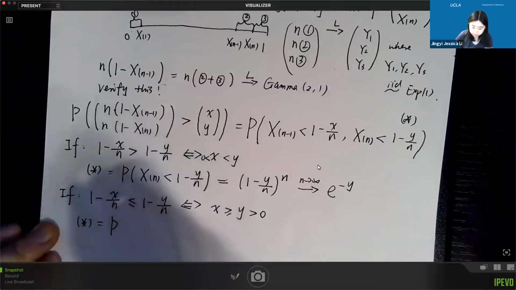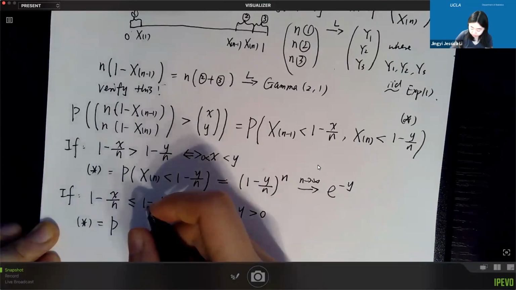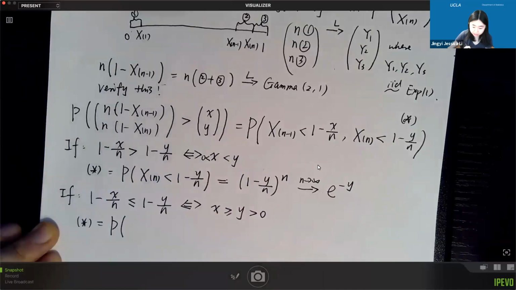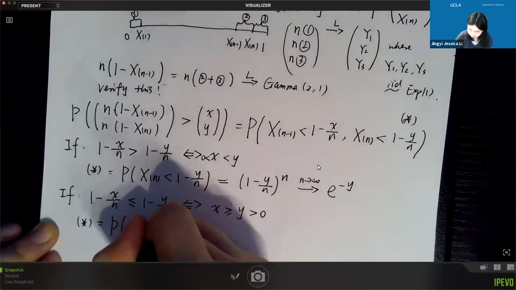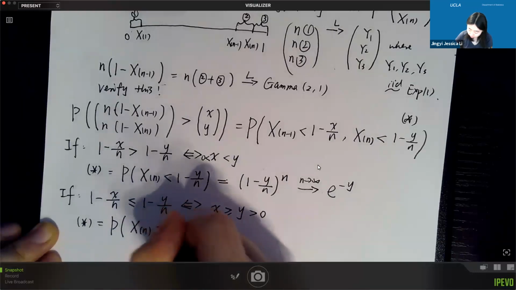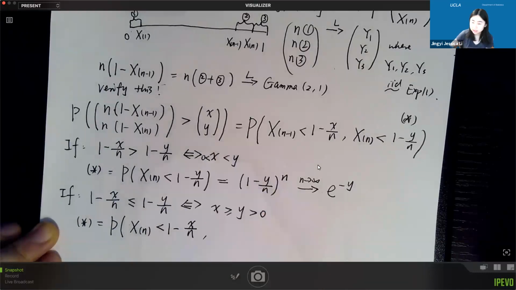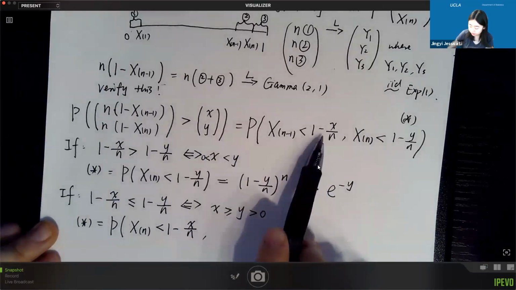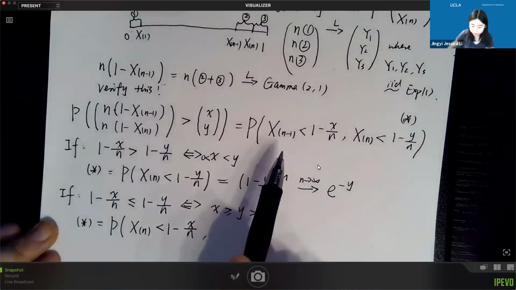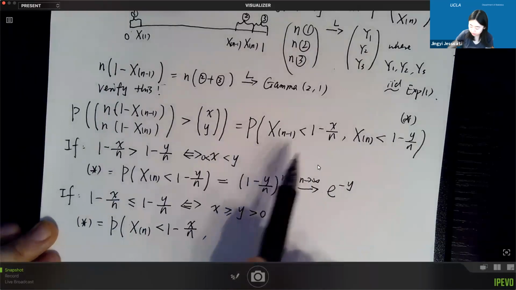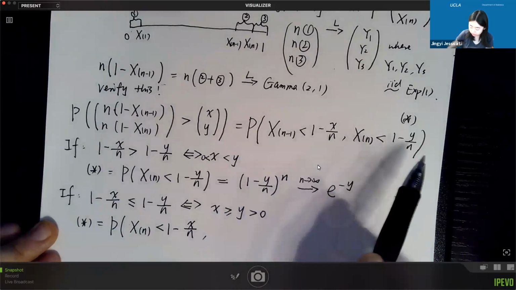So then what this actually means is that the second maximum is less than 1 minus x over n. That's the second maximum. It must be there. And the maximum must be between this and this.